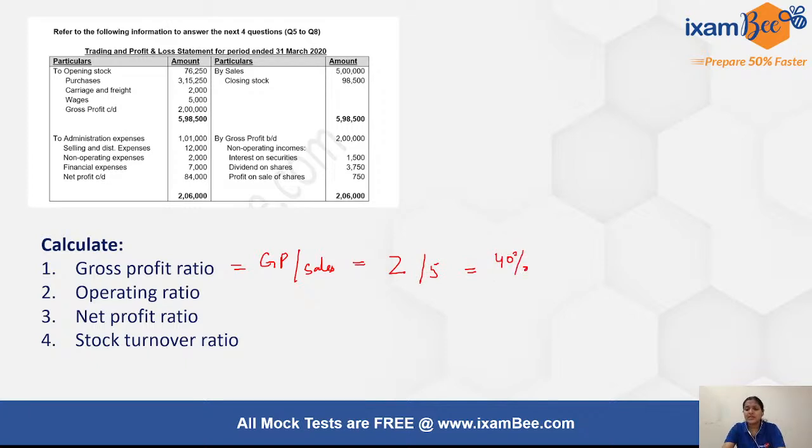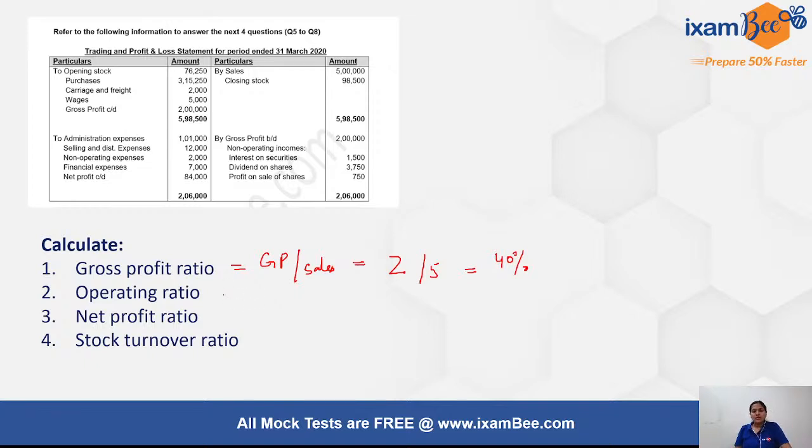Okay, next question related to my operating ratio. Now what is this operating ratio? Because some people have got confused in this and actually ended up calculating the operating profit ratio. So operating profit ratio and operating ratio are opposite to each other, or they both of them add up to become one.